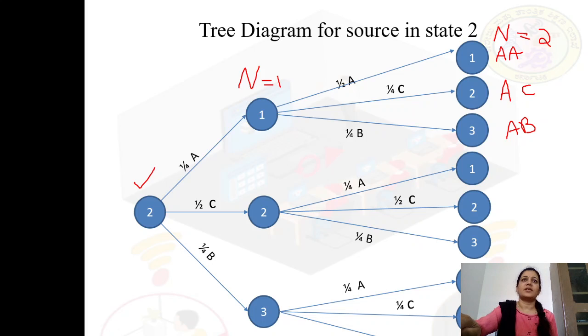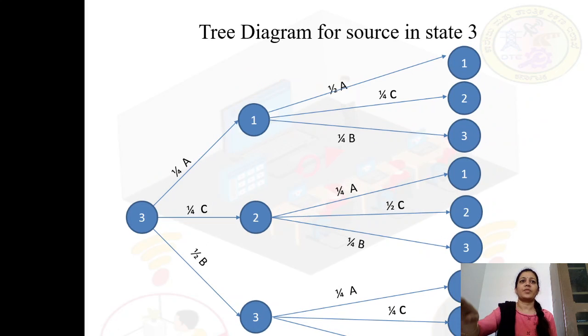Keep on writing the available sequences. Similarly, you have to consider that it can be in state 3 also, and after that again continue the tree diagram by considering a message of length 1, that is the first stage, and it can go ahead with n is equal to 2, that is the output of the second stage. If you want to go ahead with n is equal to 3, again you have to consider one more stage from here.